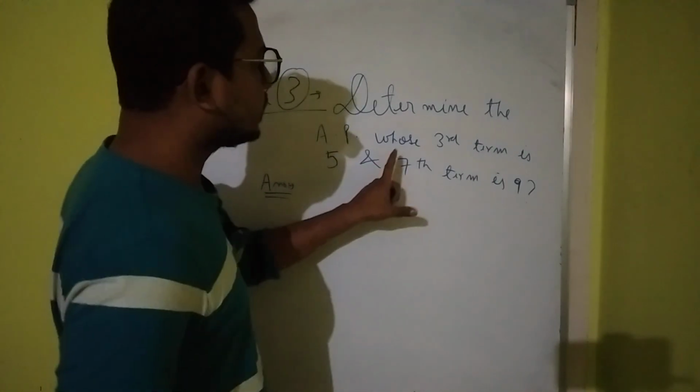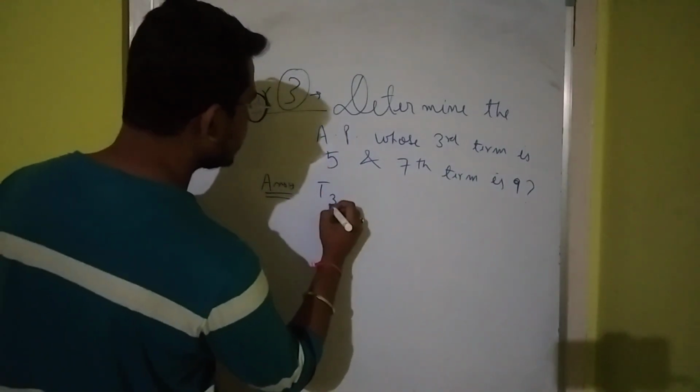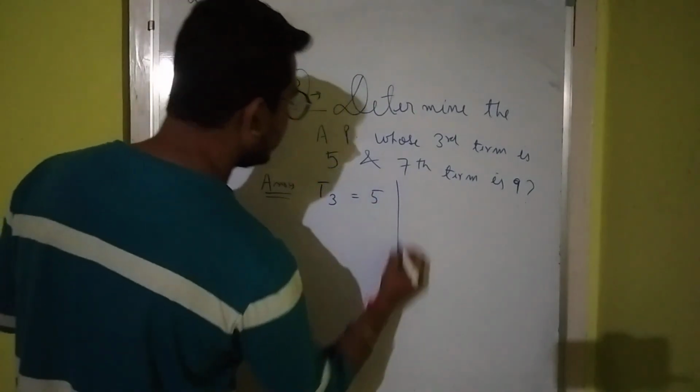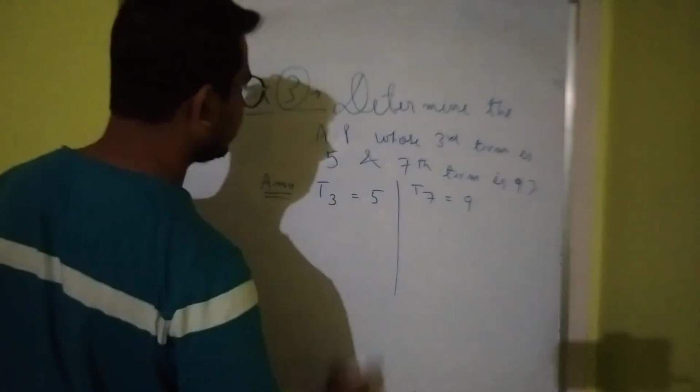So यहाँ पे बोल रहा है कि थर्ड टर्म is 5, so it means that T3 is 5 and the seventh term, that is T7, is 9.